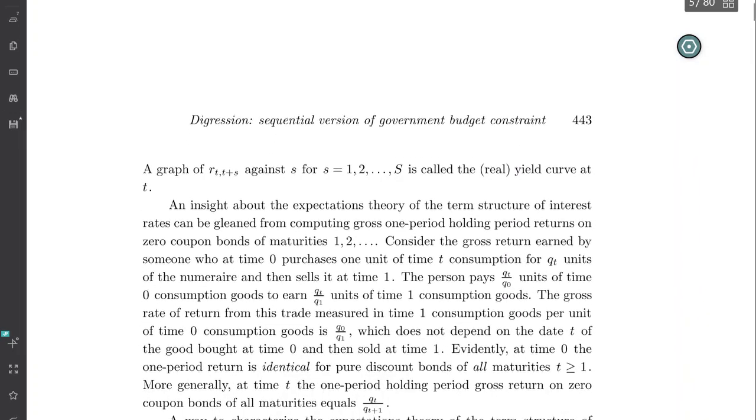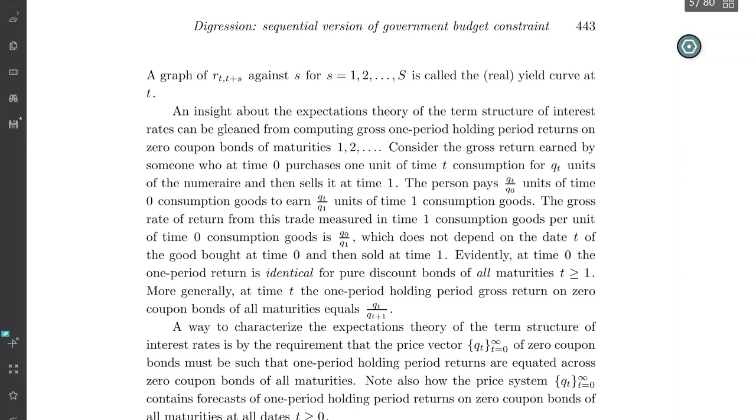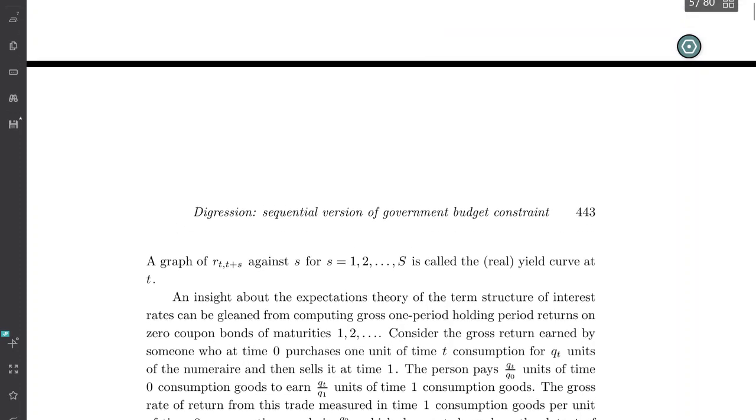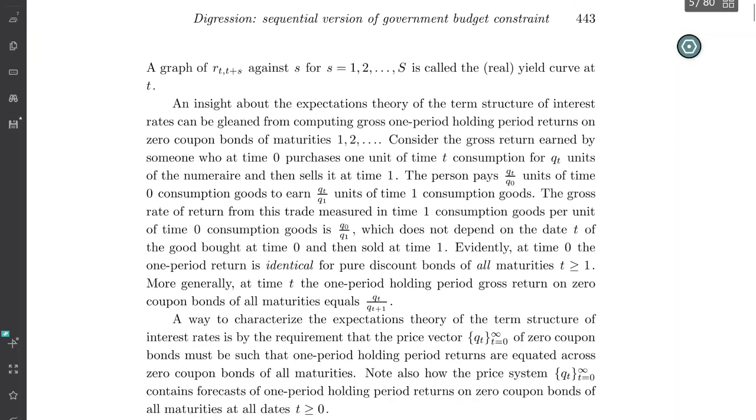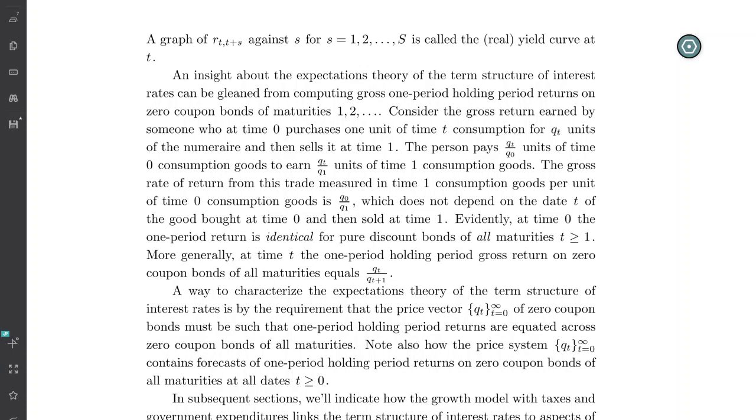If you're interested in the term structure, you'll see a sharp characterization of this formula, and where it comes from is right here. It's the equating of the gross rate of return on any asset. The one period return has to be equal for all assets because there's no risk. And that's what's embedded in here. So I'll let you read that quickly.